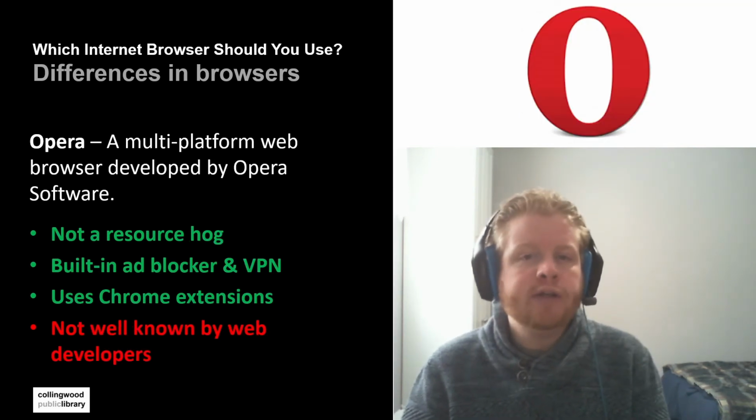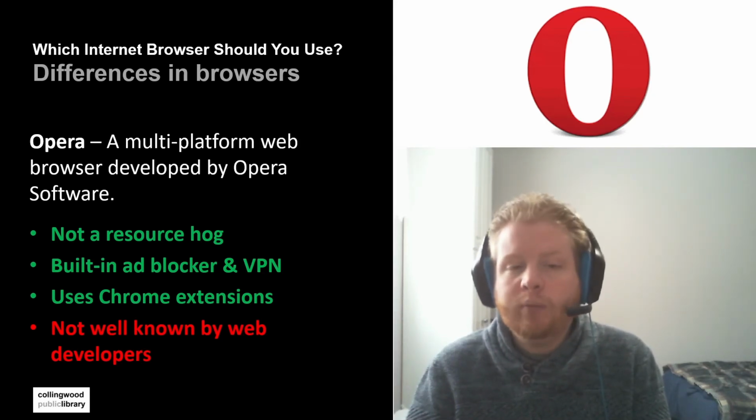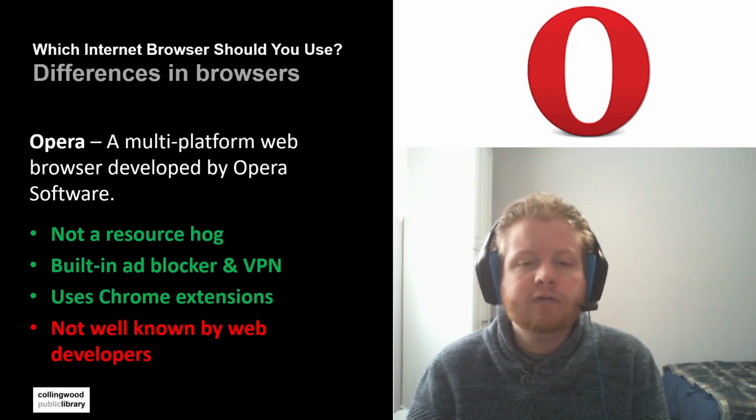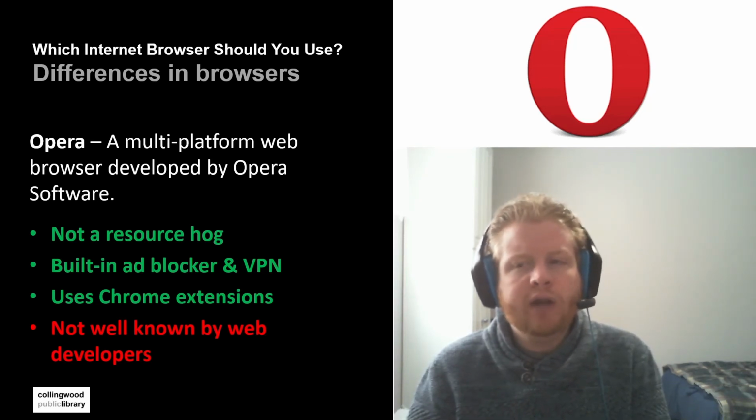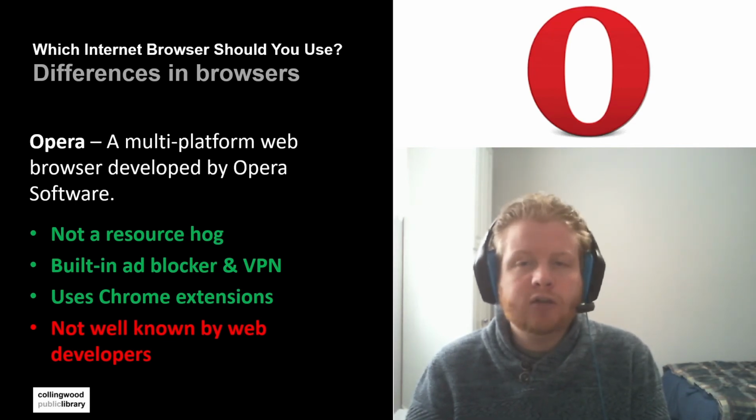The last one I'm going to talk about is Opera. So this is a multi-platform web browser developed by Opera Software. This one hasn't been well known, but it does have a lot of interesting and neat features. One is it's not a resource hog. So again, that kind of the concept of not requiring as much brain power.